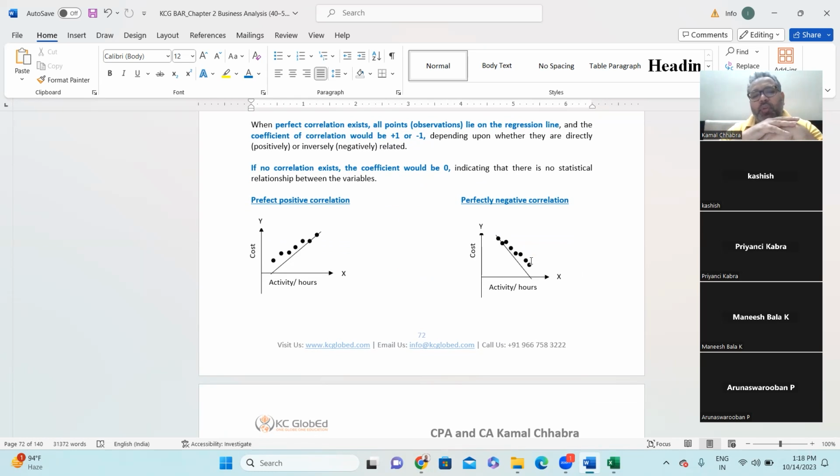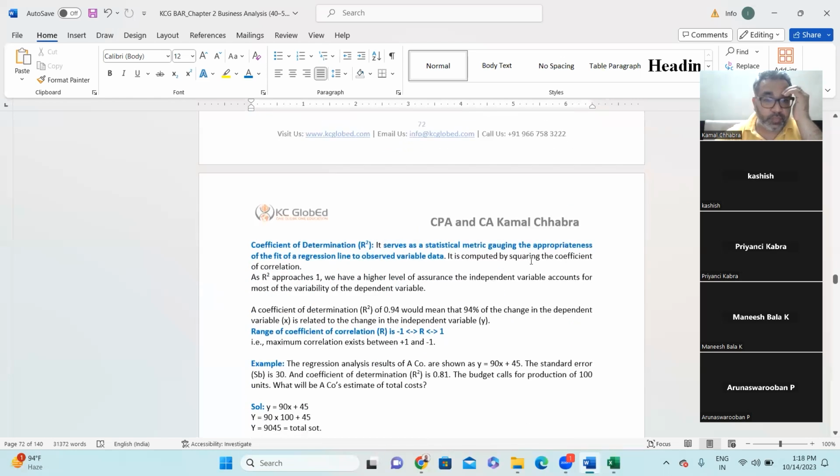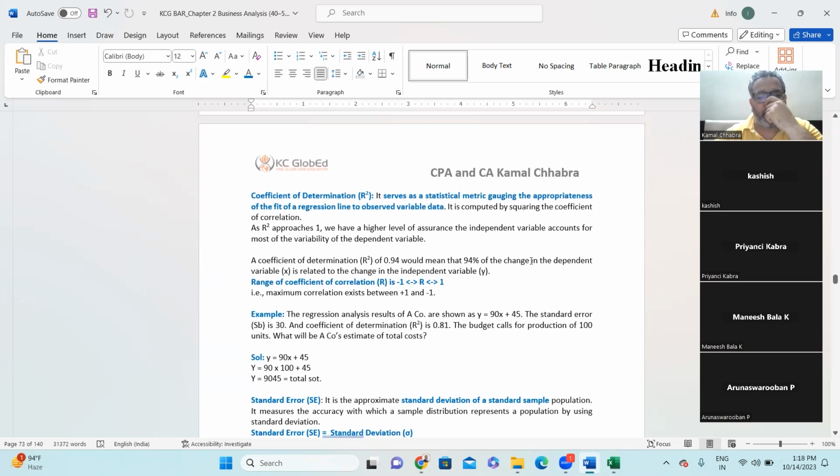For perfect positive correlation, you see on the left-hand side the y-axis, x-axis, and the perfect correlation line, right? For perfect negative correlation, you will see on the right-hand side, it's going downside, right? Positive correlation goes upside, negative correlation goes downside. And how do you calculate the coefficient of determination? That is R squared.